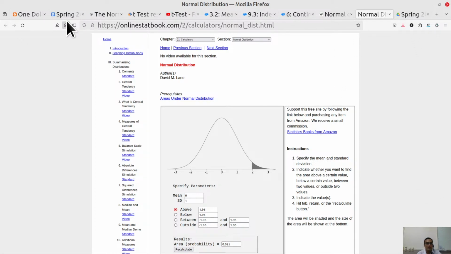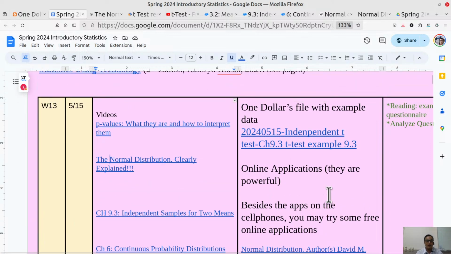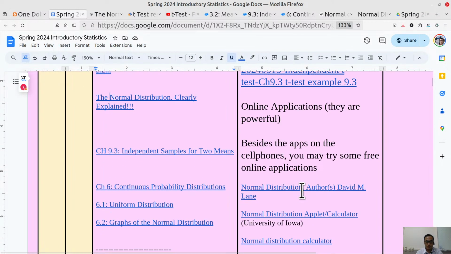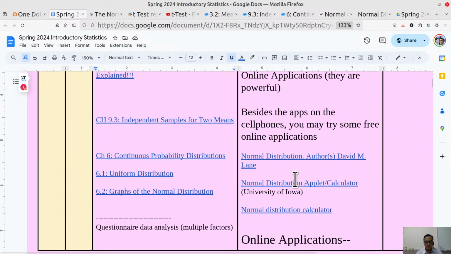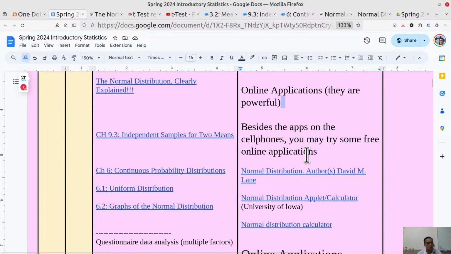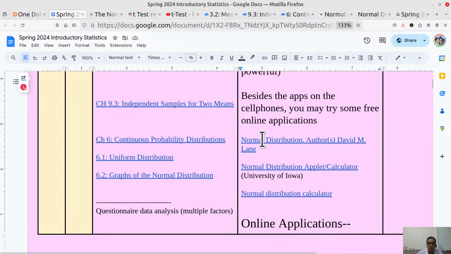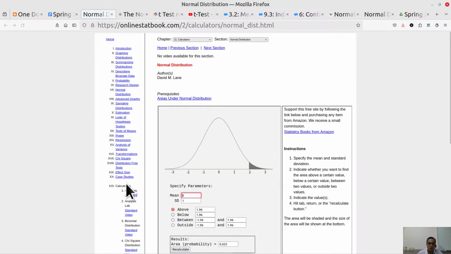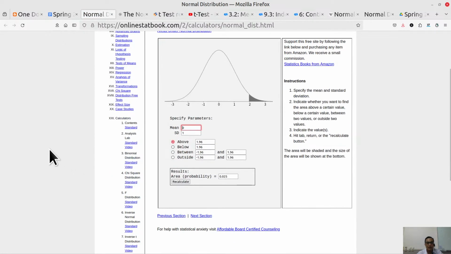I placed some useful websites like this. Some online applications, and they are really powerful, and you don't need to calculate the details because I never successfully did it. So don't worry about it. And the normal distribution is calculated like this. I'll try this.